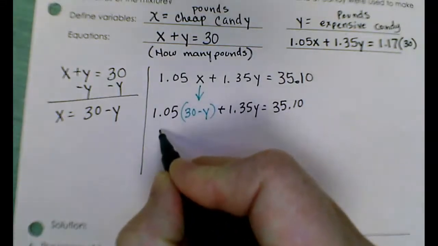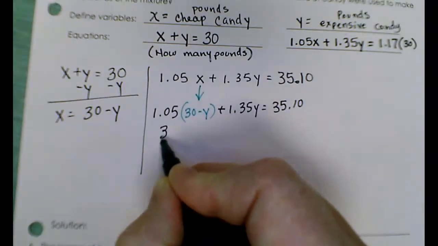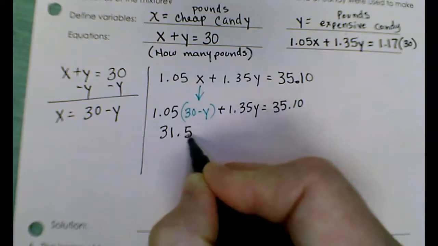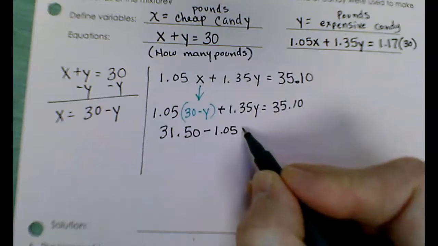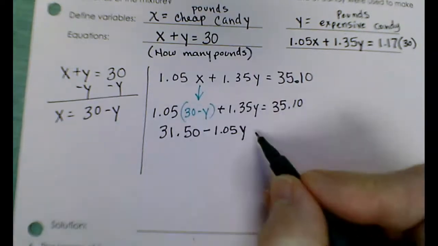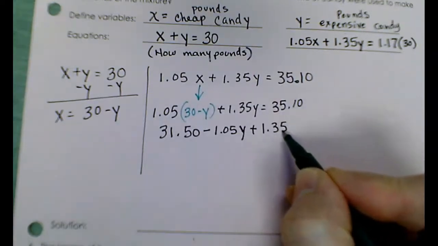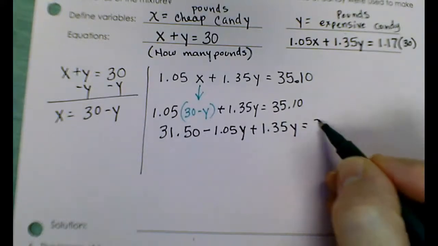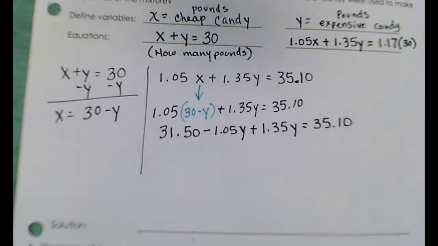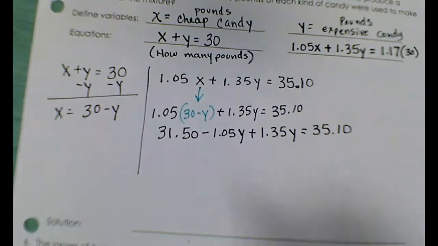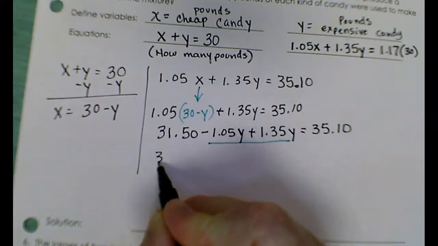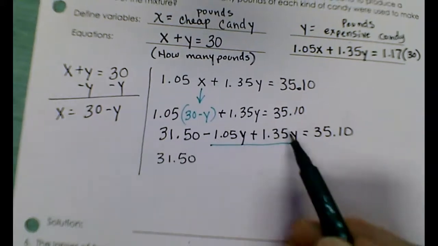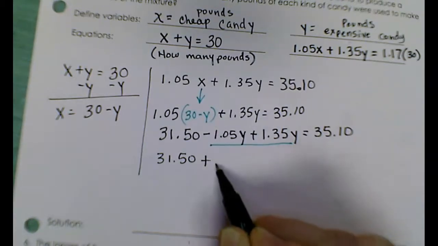Double checking my multiplication. This is going to be 31.50 minus 1.05y when you distribute, plus 1.35y equals $35.10. When you combine like terms, that's negative and that's positive, so you would subtract.